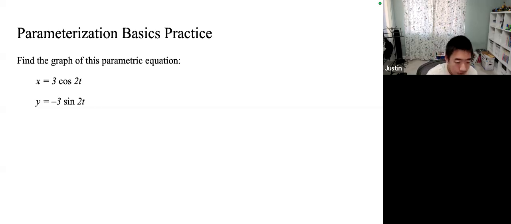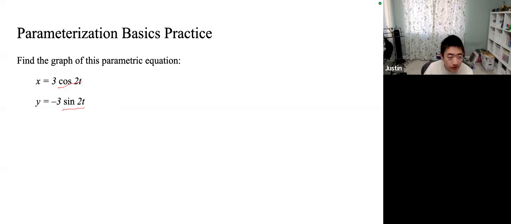Okay, so our goal is to write this in terms of x and y, so we should try to eliminate t. If you look here, we have a cosine 2t and a sine 2t.